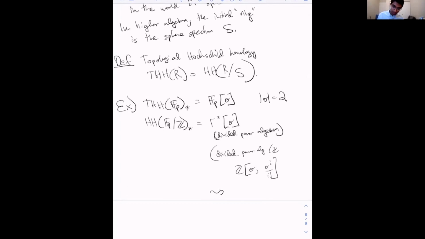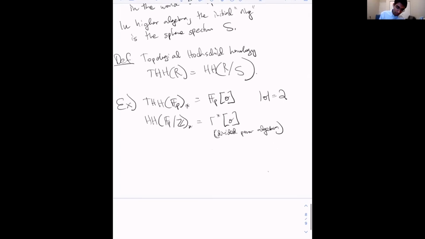Sorry, maybe I should say that in a little bit more detail. The divided power algebra over Z of a class x is the ring Z brackets x, and you add all the divided powers x to the i over i factorial.